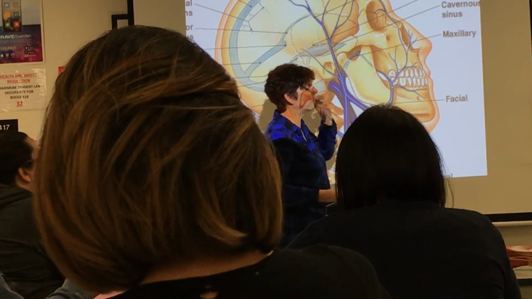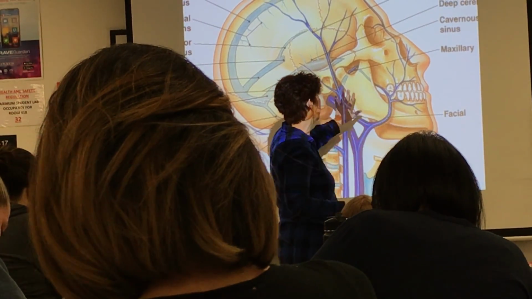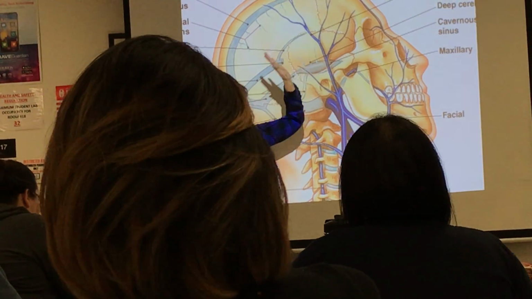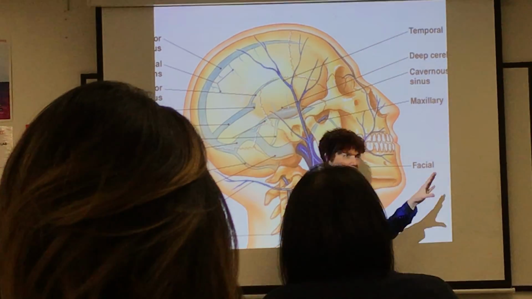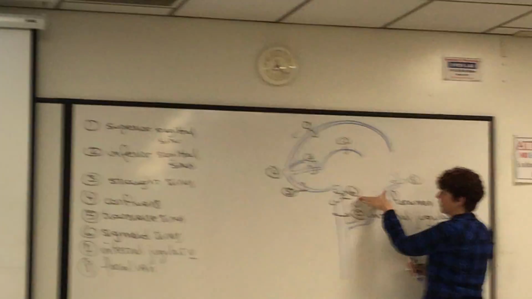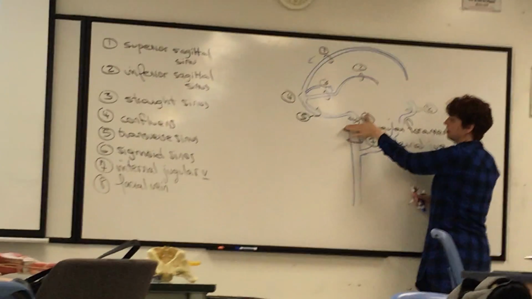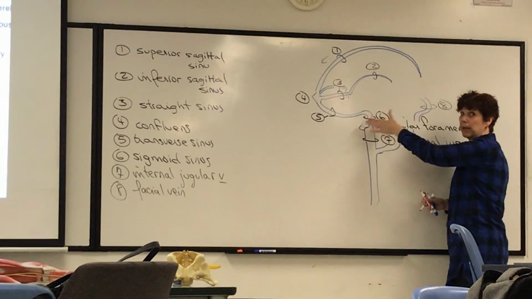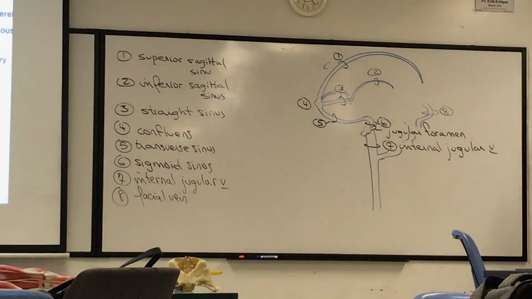So before I go any further, because it's going to be a little confusing to draw this on top of what I have for the dural sinuses, I'm going to essentially just erase what I have for the dural sinuses and start here. Okay, so we can look at the external drainage.